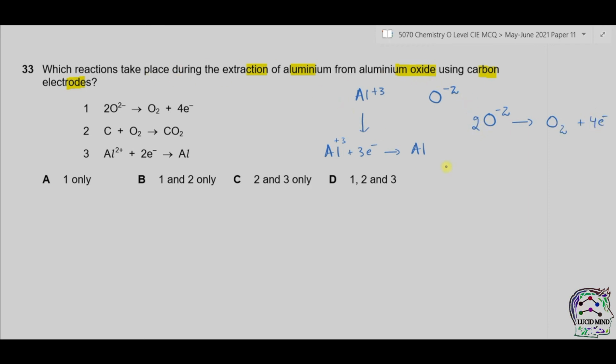As electrodes are made up of carbon, at higher temperature, those carbon electrodes will react with this oxygen that has been produced to form carbon dioxide. So first reaction is correct.